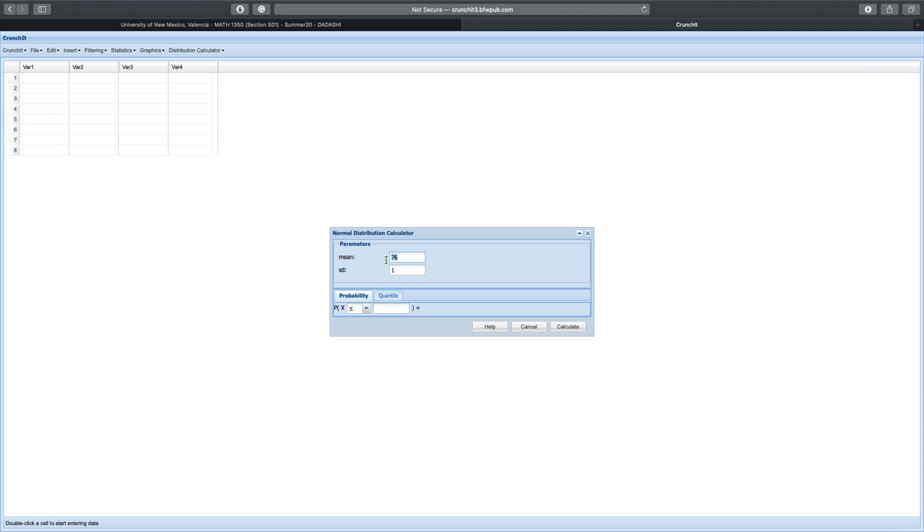the values. For example, if I have a population of test scores which is normally distributed with a mean of, for example, 75 and a standard deviation of 12, I can calculate the proportion or probability of test scores which are less than 85 points, less than or equal to 85 points.